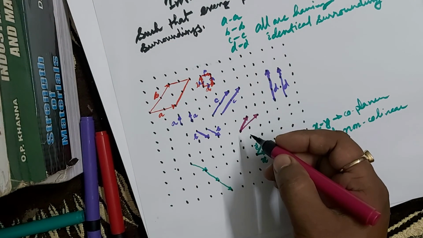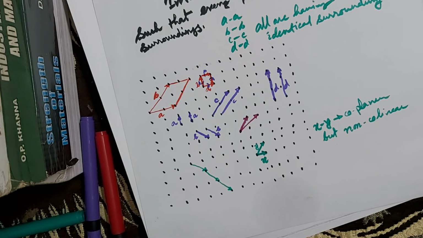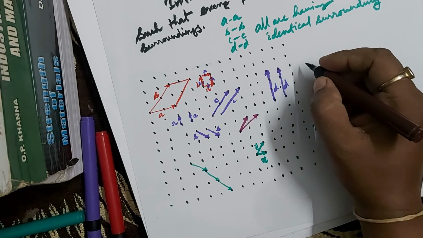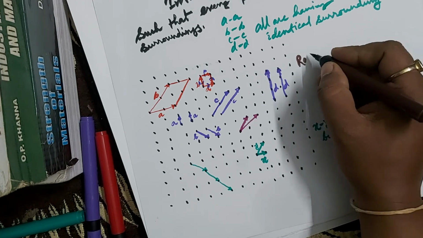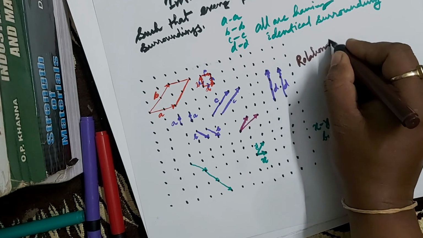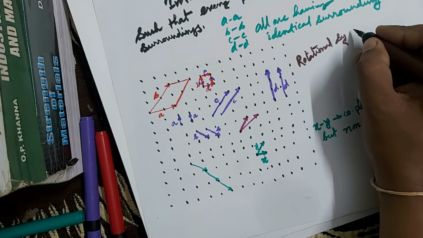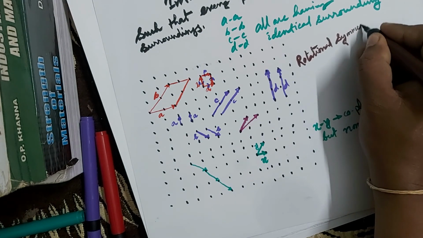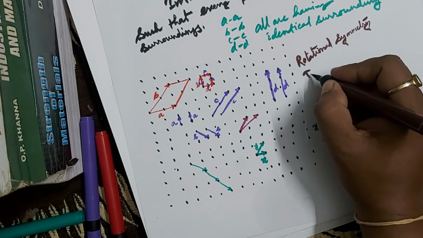So this is called translation symmetry. The first one is the rotational symmetry, and now it is translation symmetry.